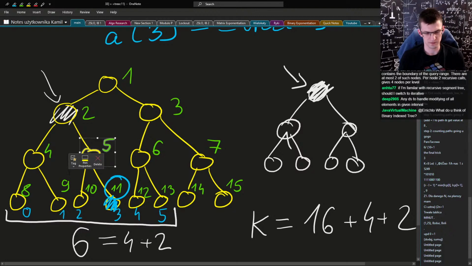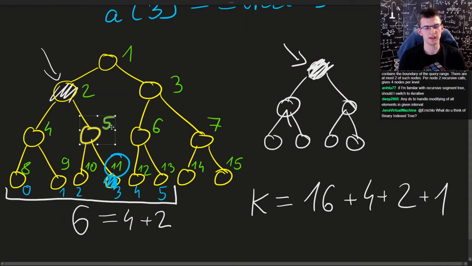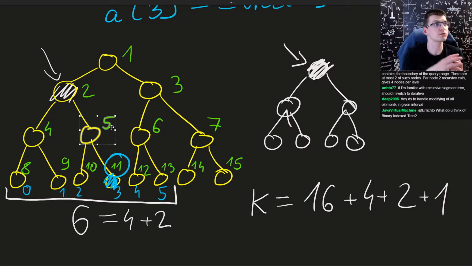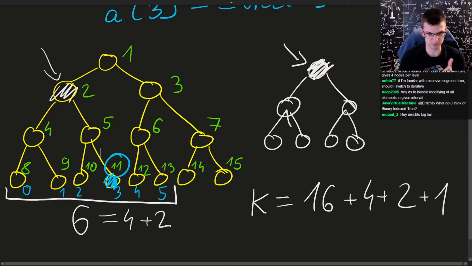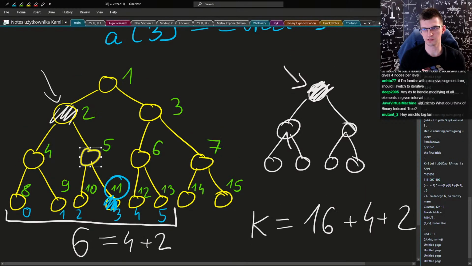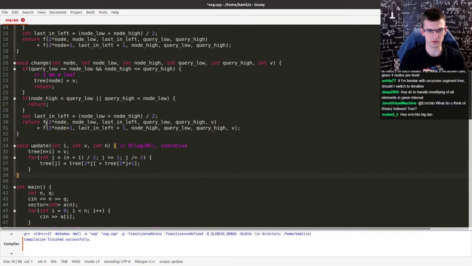The 5, it says, hey, my children, if you are responsible for a range from 3 to 3, then update yourself, sure. Then maybe some value here inside will be modified. And only after my one child is modified, I here should put a new value as the sum of two children.